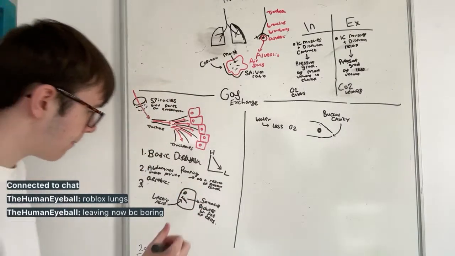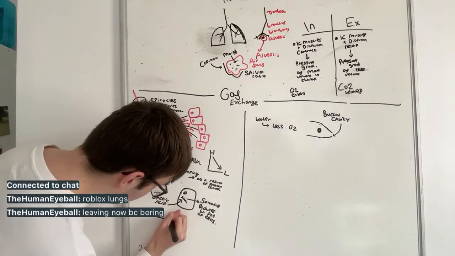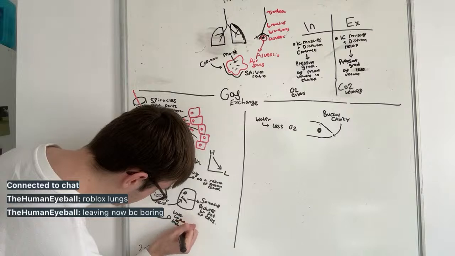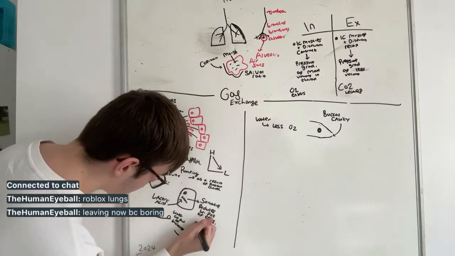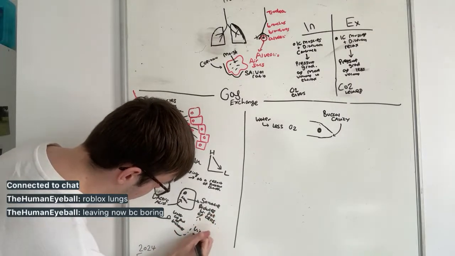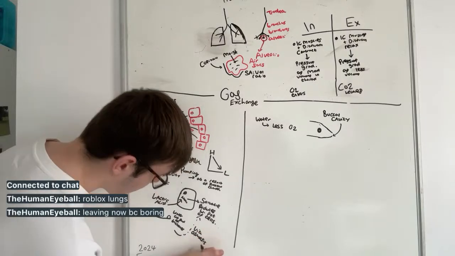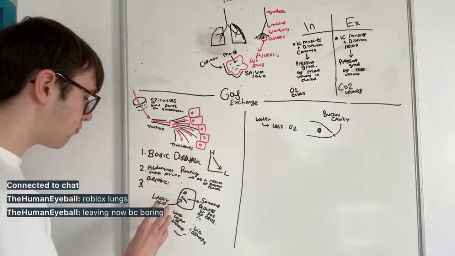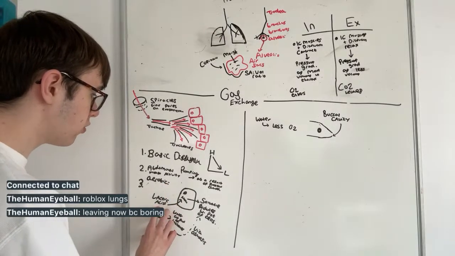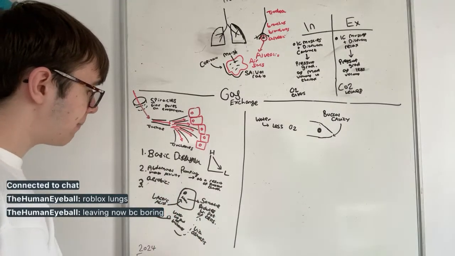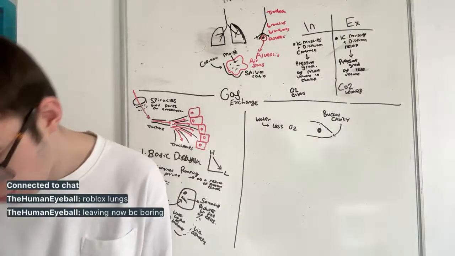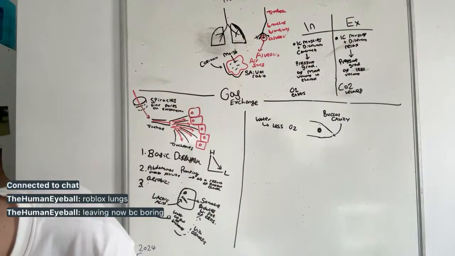Because of that, the water at the end of the tracheoles will enter via osmosis into the cells. I'm assuming this will then reduce the volume.